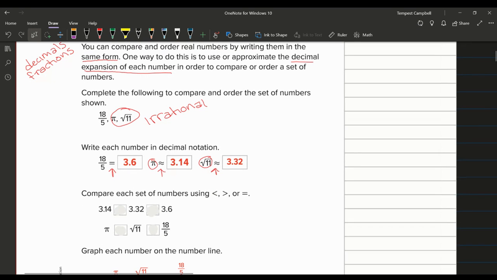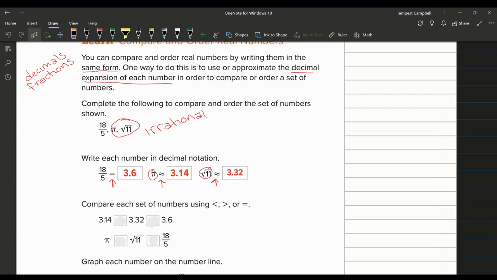So now we're going to compare each set of numbers using less than, greater than, or equal to. So this one is less than. This one is greater than.